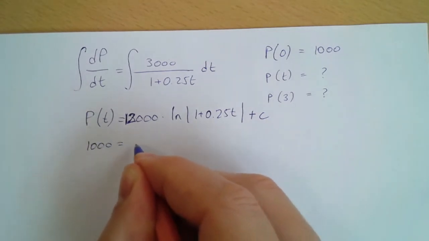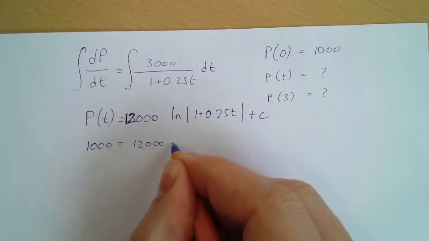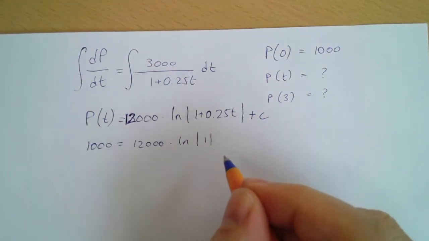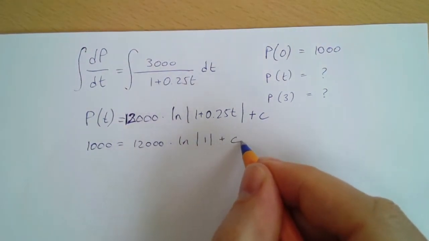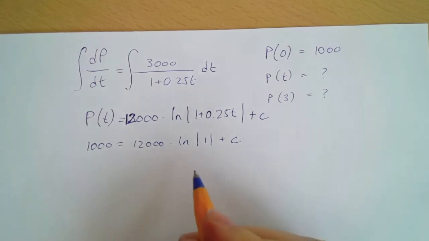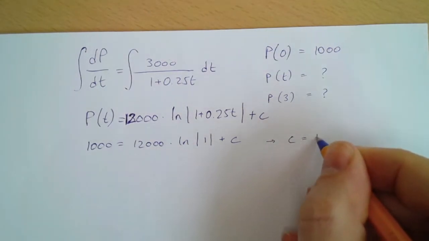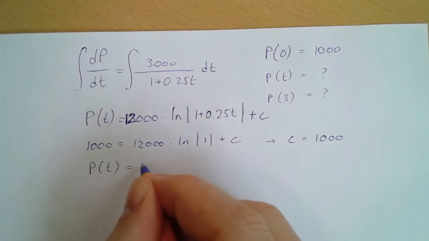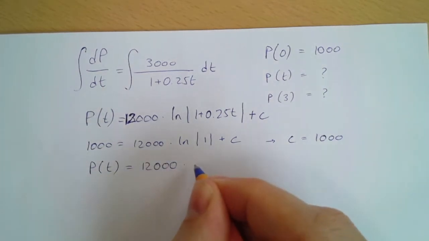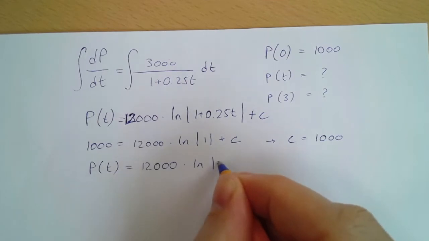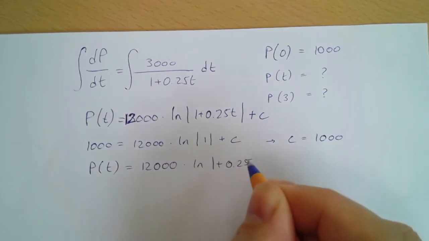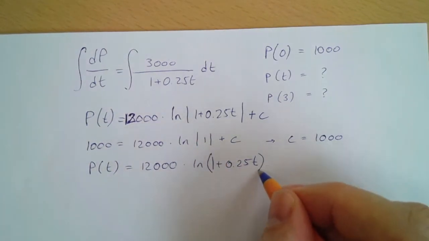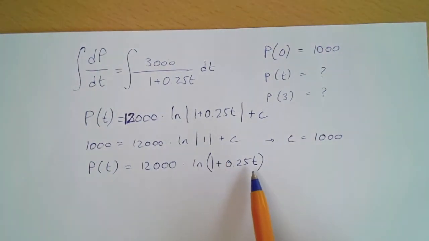In order to find this constant, I'm going to use the initial condition I have. 1,000 equals 12,000 times ln of 1 plus c. ln of 1 equals 0, and therefore c equals 1,000. So I can rewrite this, and instead of putting absolute values, I can just put parentheses because t is going to be positive.